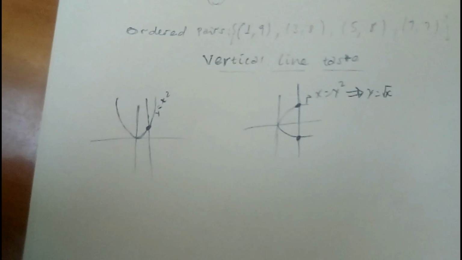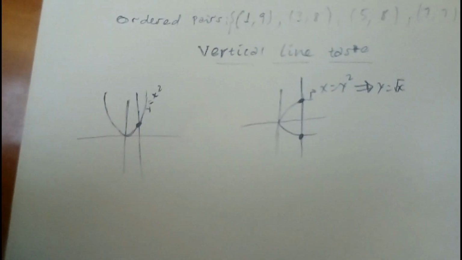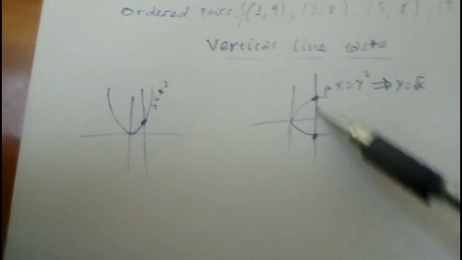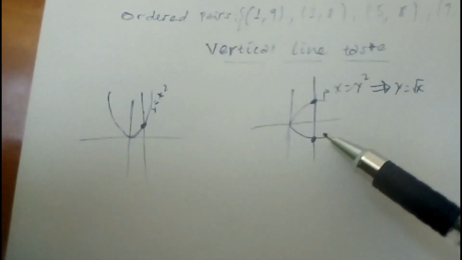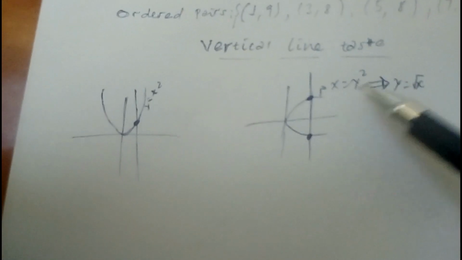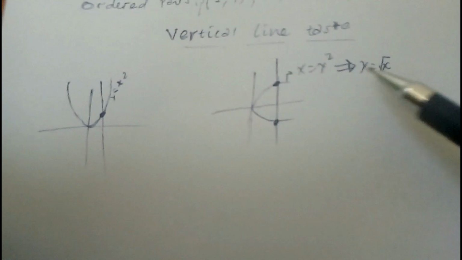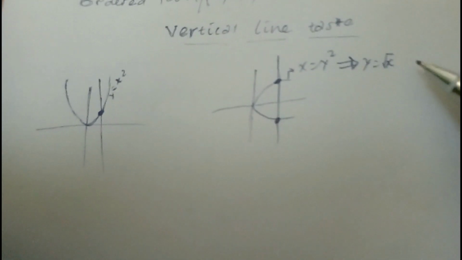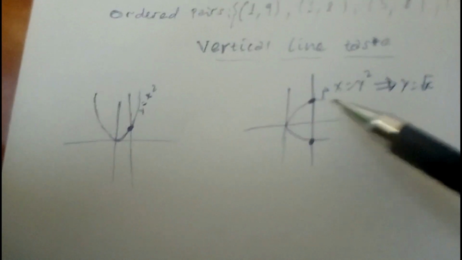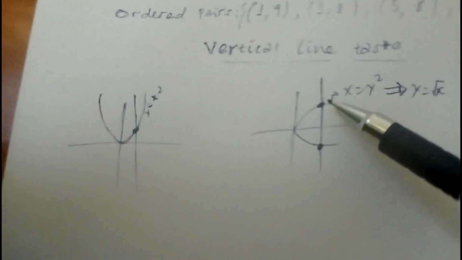But if the vertical line touches the graph of a relation at more than one point, like the second graph, then it is not a function. This shows that x equals y squared, or y equals the square root of x, is not a function, as the vertical line crosses the graph at two points.